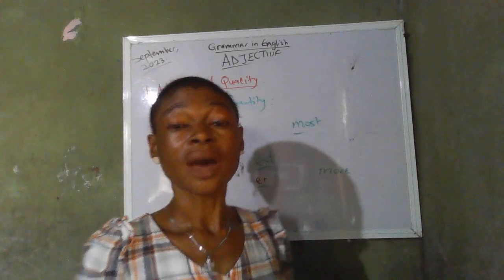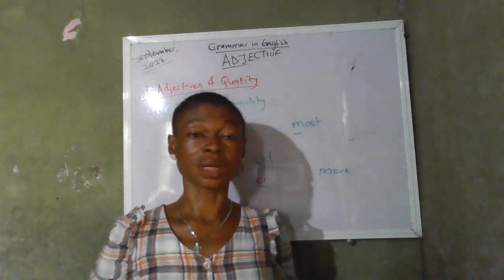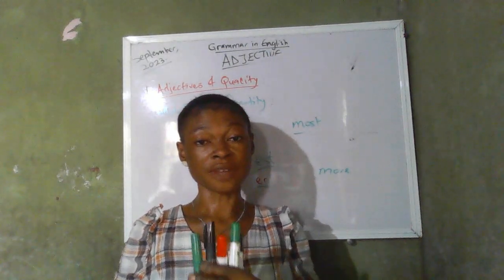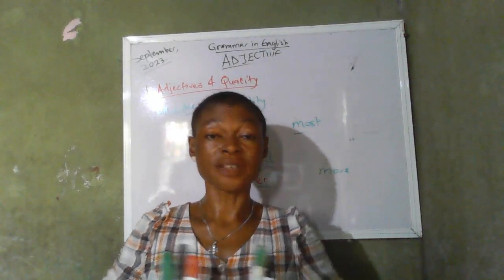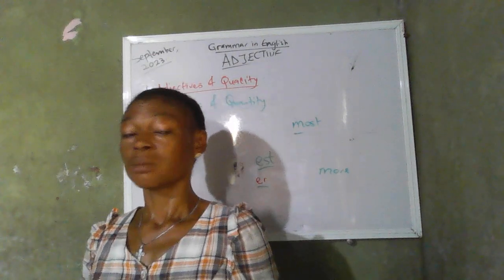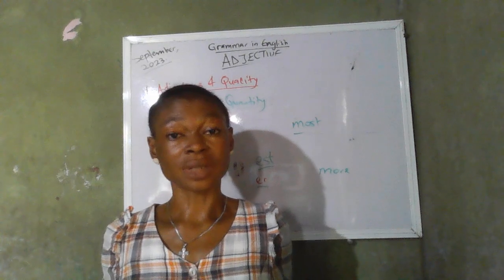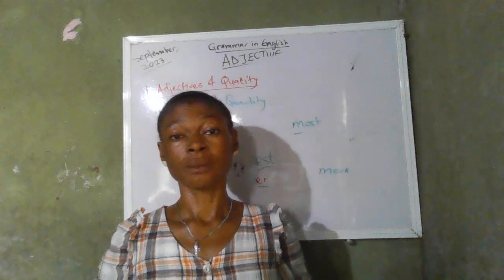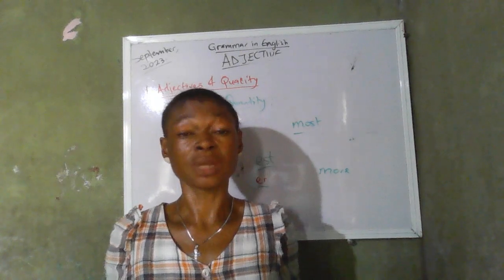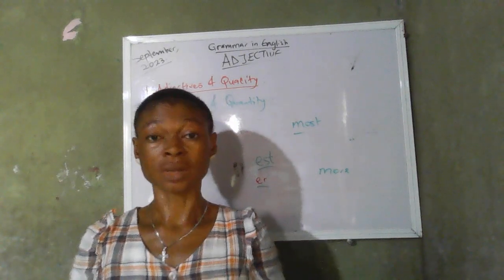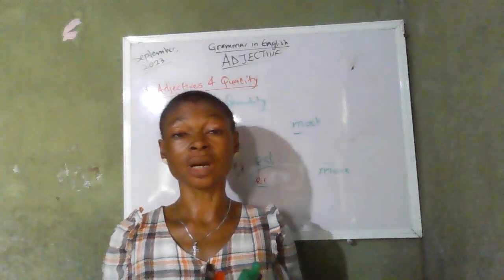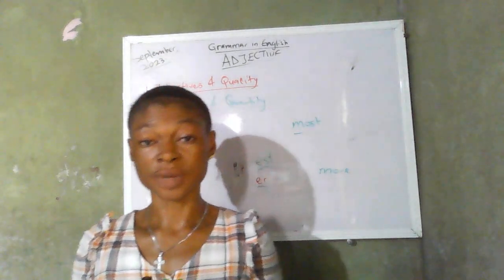They tell us how many objects are being referred to. You might have 5 boxes around you, or 2 boxes, or several shirts, many shoes, many pairs of shoes, and so on. So adjectives of quantity tell us how many objects are being referred to.